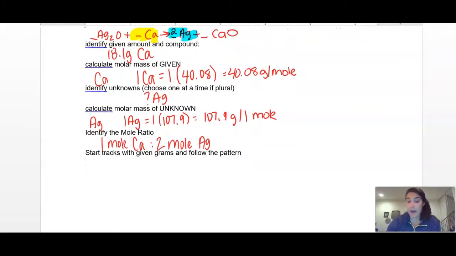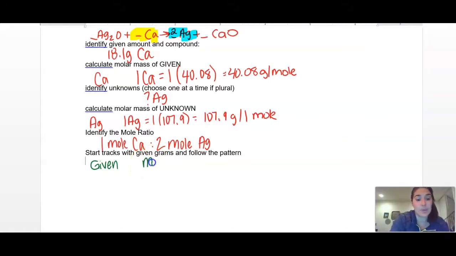As a quick reminder about the process for these, remember that they are always the same. You are going to start with your given.